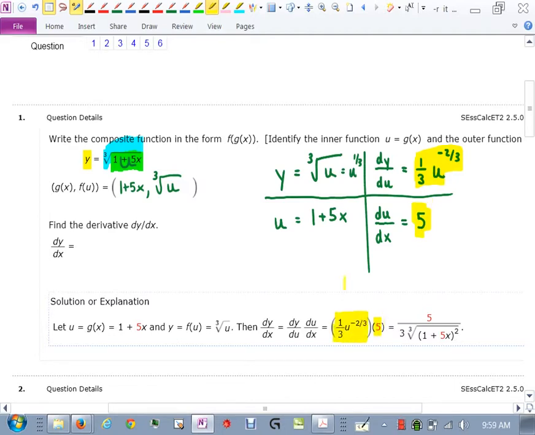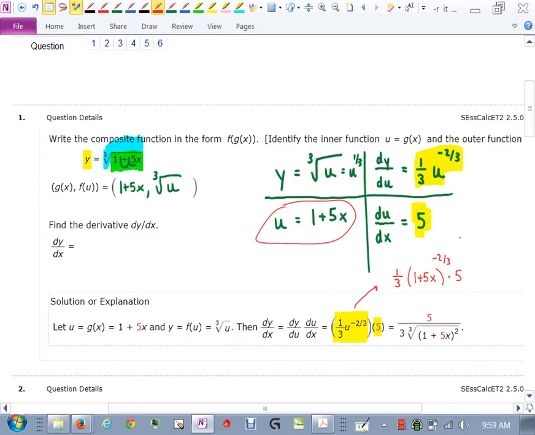Now, what you do next is, well, I'll show you this. I'm going to rewrite this here. This is 1/3. U is actually 1 plus 5x. Remember that? That comes from here. And then to the negative 2/3. And then we still have times 5.